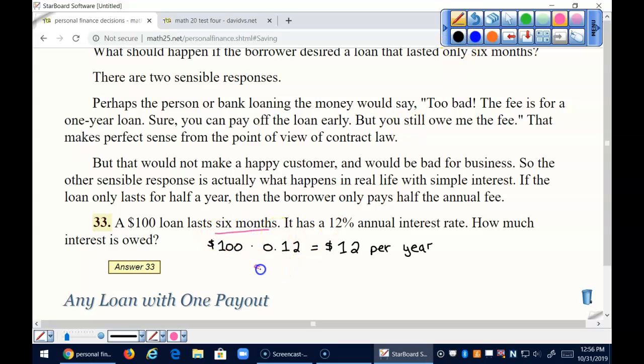So we're going to take the 12 that we just found, multiply it by a half, divide it by 2, times 0.5, whatever makes you happy, right? And we'll get $6 because that's half of 12. So when we pay things back, it would be 106. In this case, the problem is trying to trick us. It only asks about the interest, so I'm done. Put a box around the answer. If they asked us the total, I'd have to put the principal back, as we've been doing before.